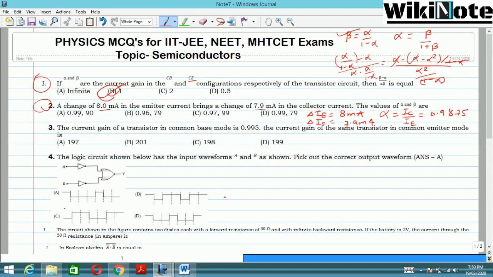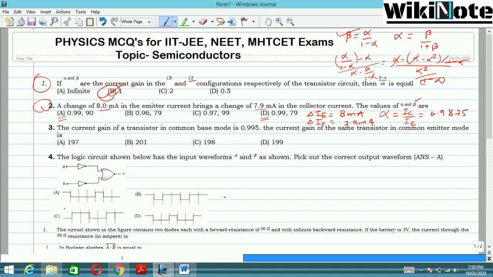Can you see the answer as 0.9875? No, so they have rounded off this figure to 0.99 and I am getting this in two options. So still I am not getting the answer which I was expecting, so I have to go for finding the value of beta. I got the value of alpha, which is 0.9875.